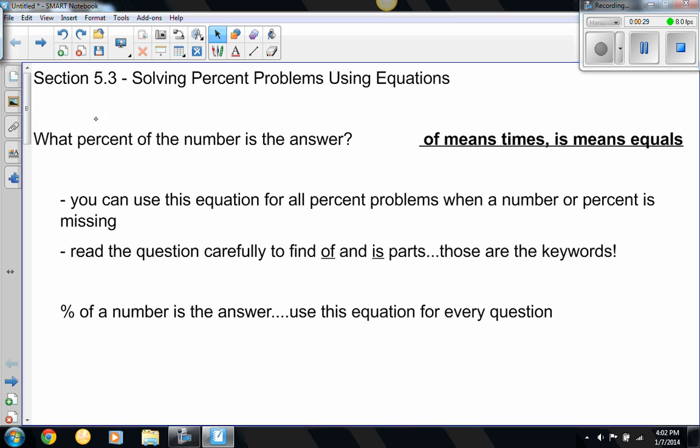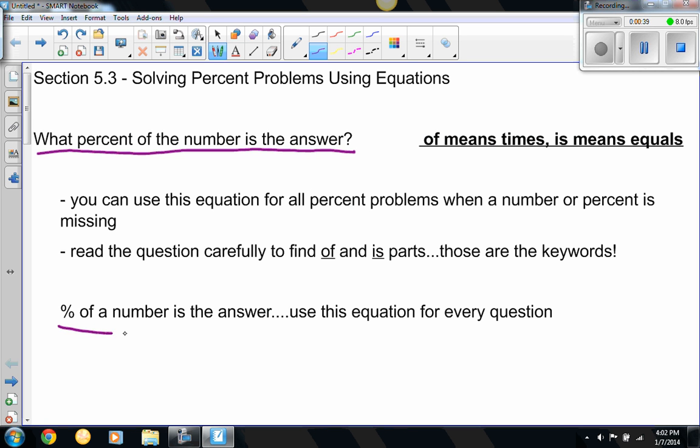So this is what it's going to look like written out in words. What percent of the number is the answer? Here I wrote it again, but remember that of means times, and is will always mean equal.